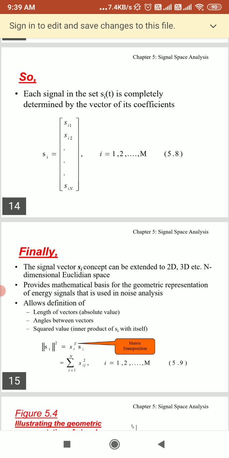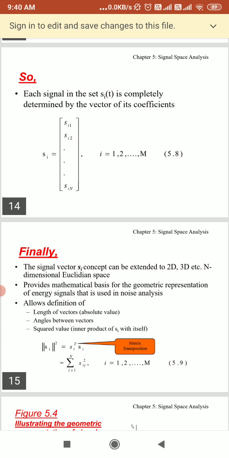It allows the definitions of length of vectors, angles between vectors, and squared values, and you will get the modulus, the double modulus of Si squared, that is equal to Si transpose, the matrix transposition, into Si. That is the summation j equal to 1 up to n of Sij squared, where i equal to 1, 2 up to m and j equal to 1, 2 up to n.